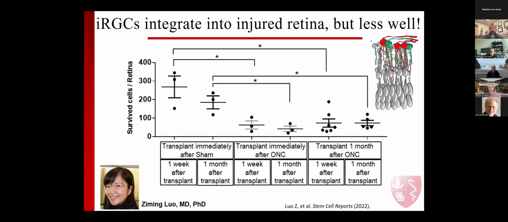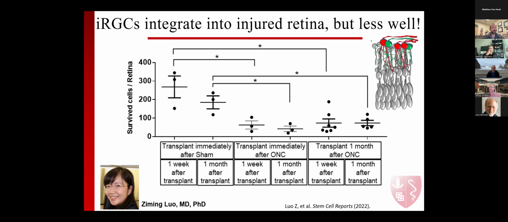So this was looking at the premise of cell replacement into the injured retina. We're now exploring even longer time points. Obviously, many people are exploring this kind of experimental design in glaucoma models now as a different optic neuropathy.